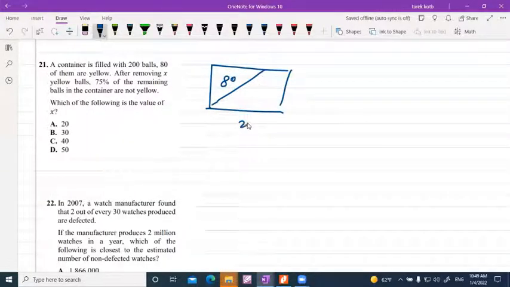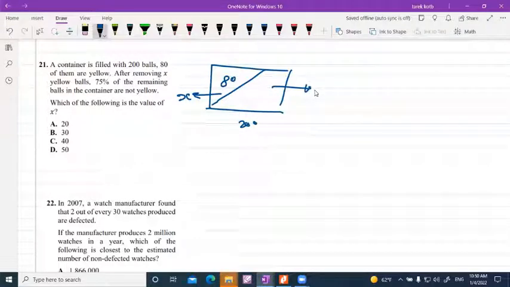After removing X yellow balls, if you take X out from the 80, 75% of the remaining balls are not yellow. What's the remaining? The remaining will be 120, because both of them are 200. This is yellow and this is not yellow.